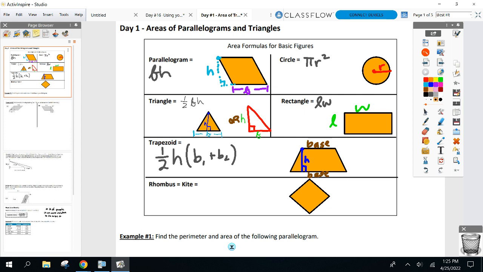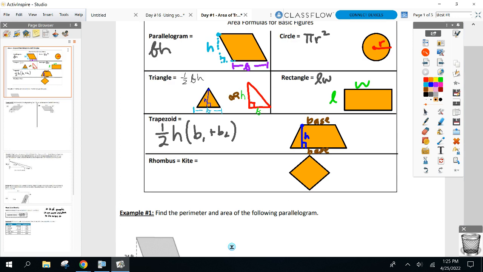And we're also going to talk about rhombus tomorrow. We're not going to talk about kite, but just in case it comes up maybe on the Regents, I don't think it should, but in case, it's the same formula as the rhombus. 1/2. Let's see if you can figure out what this variable means. D1 times D2. What the heck would I mean if I'm referring to D in a rhombus or a kite? Somebody said diameter and I was ready to lose it.